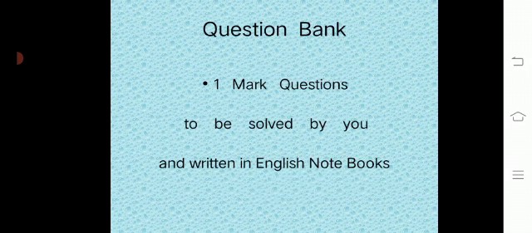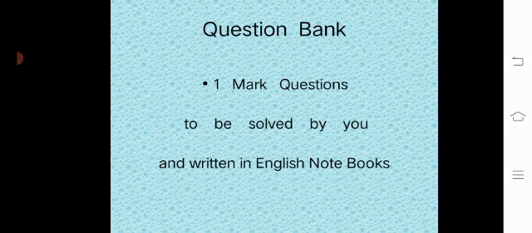So, we are going to solve the question bank so that we can have additional questions on the same lesson, apart from or including those given in the textbook. I hope you are understanding my point in telling you this.